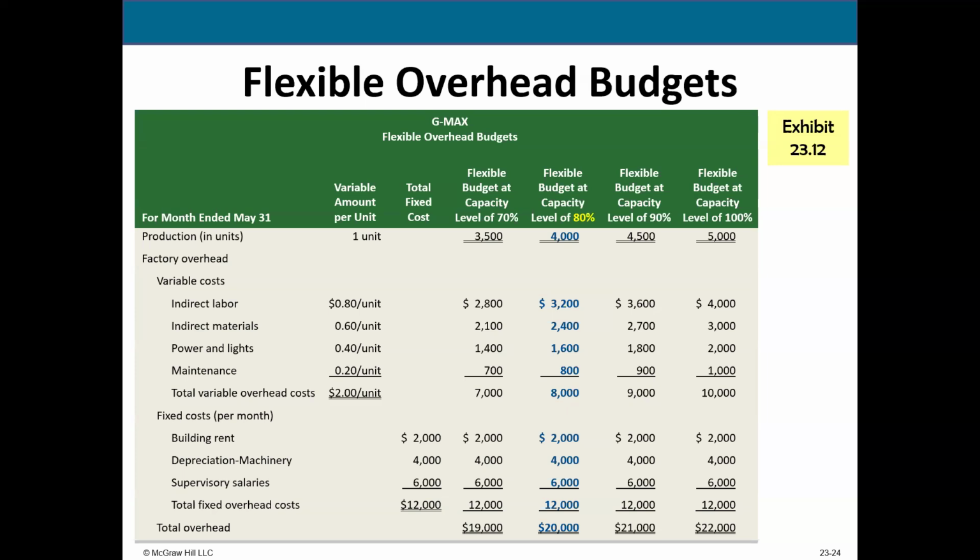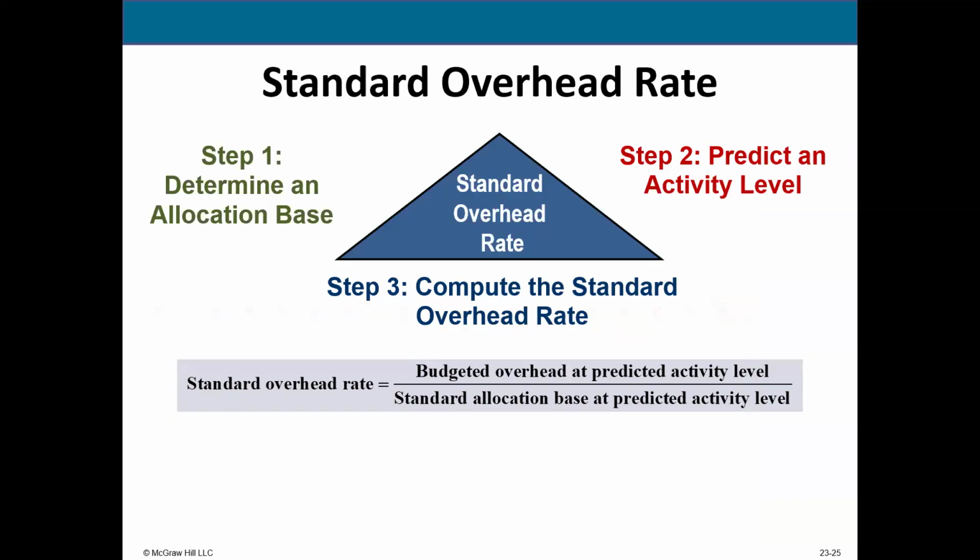Now, once I've done that, I can then go through the process of calculating the standard overhead rates. So, first step is we determine the allocation base. Is it machine hours? Is it direct labor hours? Whatever. The second step is we predict the level of activity based off of percentage of production, based off of capacity, or number of units being produced.